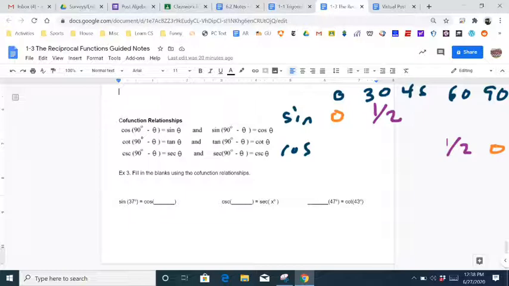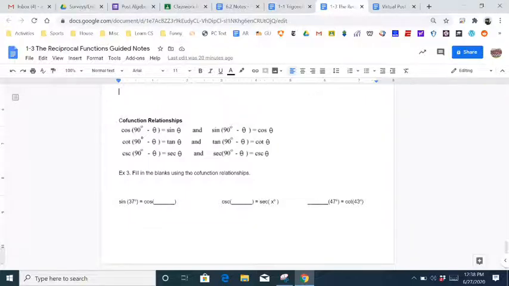If the sine of 45 is root 2 over 2, then the cosine of 45 will also be root 2 over 2 because 45 plus 45 equals 90. It's super helpful to know, to make some problems more simple than they could be.